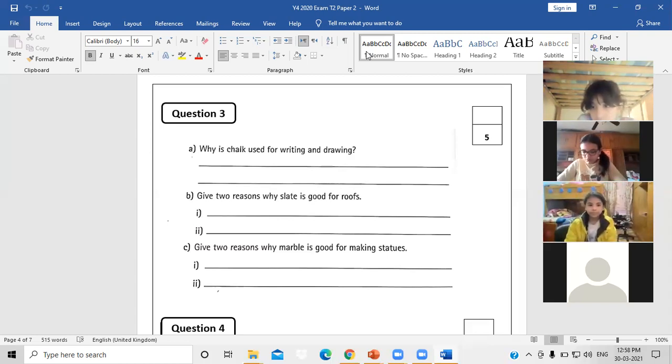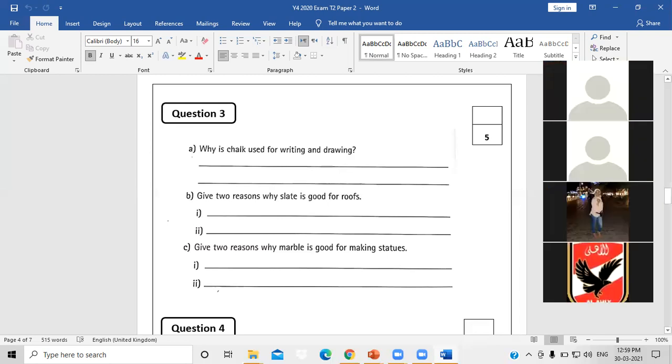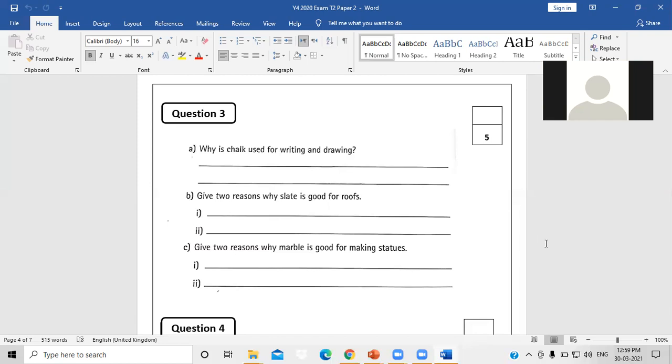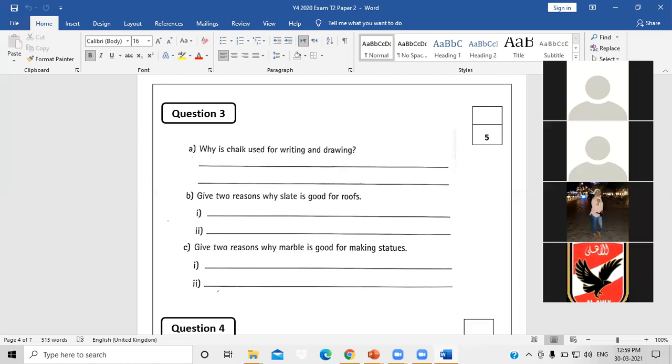Okay. Next question: give 2 reasons why marble is good for making statues. Ali, are you there? Yes, I am. Why is marble good for making statues? Because it has an attractive texture and color, and because it can also be polished.